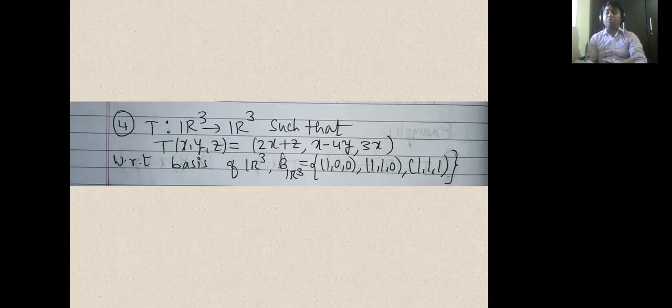Now pick up the coefficients from each linear combination: alpha, beta, gamma of the first linear combination, alpha, beta, gamma of the second, alpha, beta, gamma of the third. Write them column-wise. So we will get 1, minus 2, 3; 5, minus 6, 3; 6, minus 6, 3.